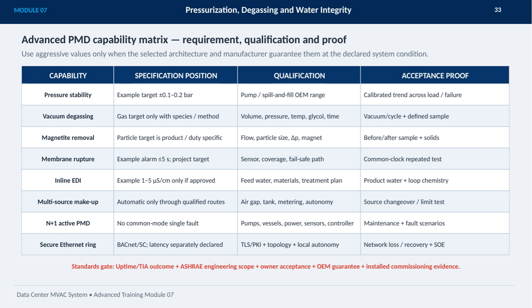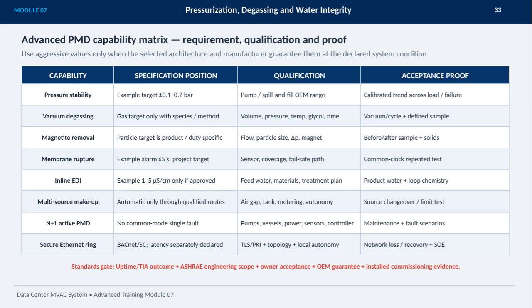For vacuum-degassing, targets depend on specific gas species and methods, considering volume, pressure, temperature, glycol concentration, and timing. Magnetite removal focuses on particle size, flow, pressure drop, and magnetic separation, with before and after samples to prove effectiveness. Membrane rupture detection requires fast alarms and fail-safe sensor coverage tested repeatedly with a common clock approach.